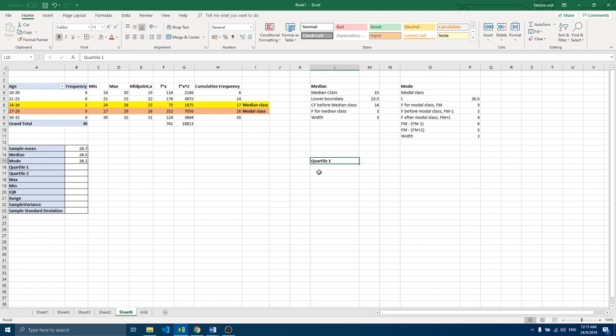So for quartile 1, it's n divided by, total frequency, or your n divided by 4, because quartile 1 is 25%, so 100% divided by 4, you will get 25.